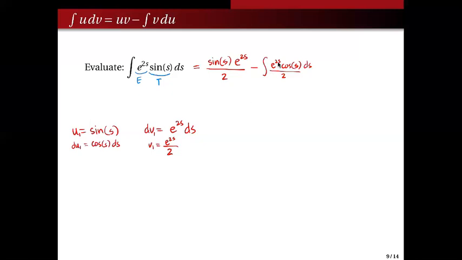If you look at this, originally we have e to the 2s, and then we have sine s. After applying integration by parts, I now have e to the 2s and then cosine s. But sine s and cosine s are practically the same.